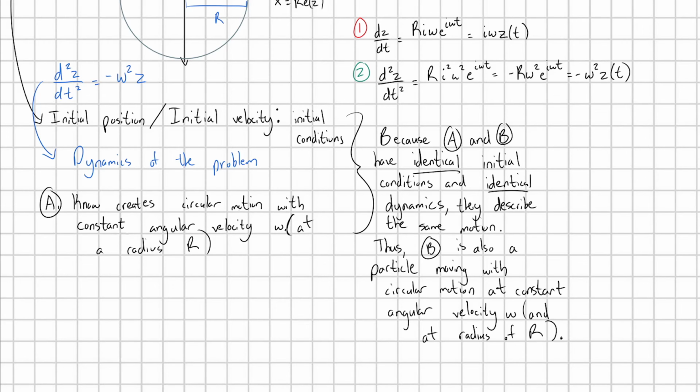So let me go ahead and summarize here that, because A and B, these two proposed scenarios, have the exact same dynamics, and they also start out the exact same way, the particles start with the same velocity in the same position, all of this information, if we put it together, allows us to confirm that each of these particles are doing the exact same thing. They're just moving around in a circle of radius r with a constant angular velocity omega.